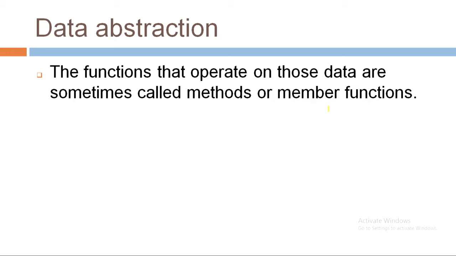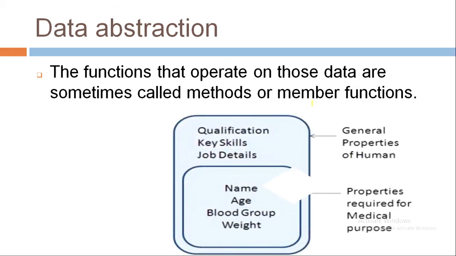That means in a class we have both variables and functions. Variables are known as data members and functions are known as member functions. Now let's see the abstraction here. In this class, a lot of information is kept. But whenever we want general attributes of the human, we will see the qualification, key skills or job details of the person.